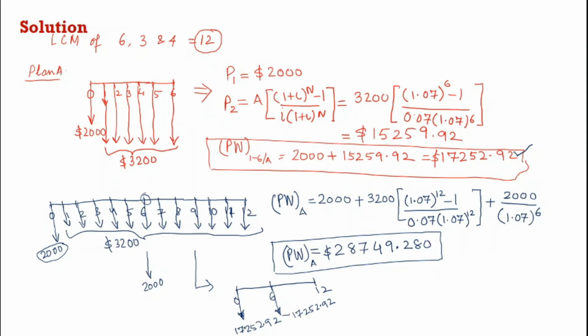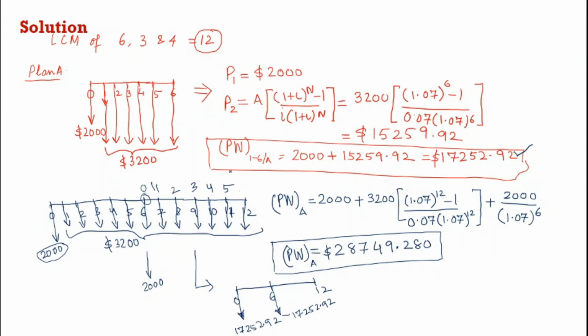So this thing we are getting at time t equal to 0, and because of the repeatability assumption, this value will repeat again at the end of 6 years when we are calculating the equivalent worth of the cash flow which starts at the end of year 7 and continues till 12. So if we just draw for the remaining, this will be 0, 1, 2, 3, 4, 5, 6.